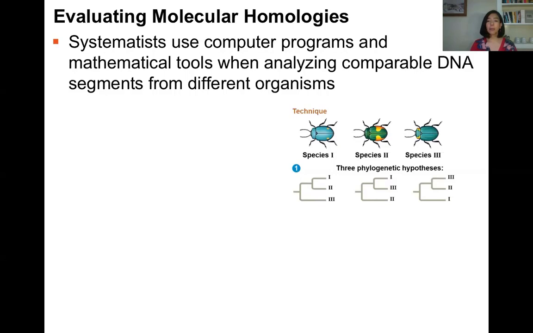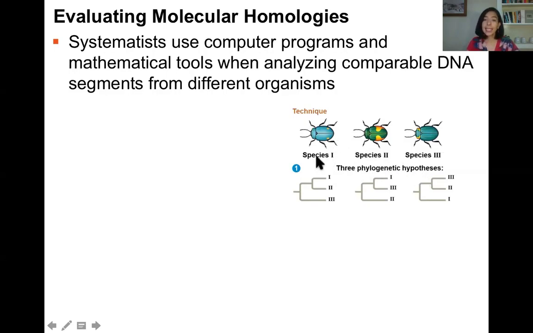In this example, we have 3 beetles, and these beetles are different in morphology. They are 3 different species. In this example, we could have 3 evolutionary hypotheses. If you don't know which species are most closely related, you will have to investigate the different hypotheses.